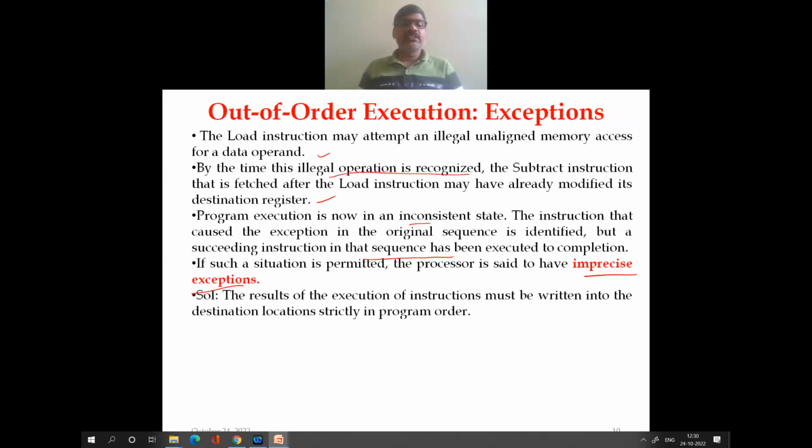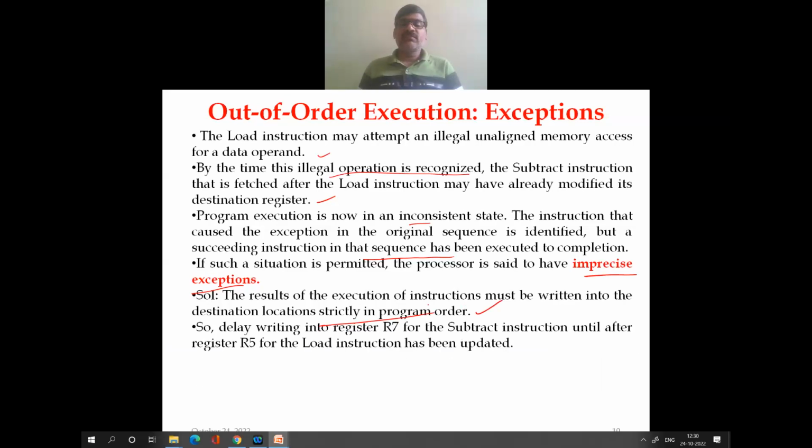So the solution for this type of exception is that the result of the execution of the instruction must be written into the destination locations strictly in the program order. So delay writing into register R7 for the subtract instruction until after register R5 for the load instruction has been updated.